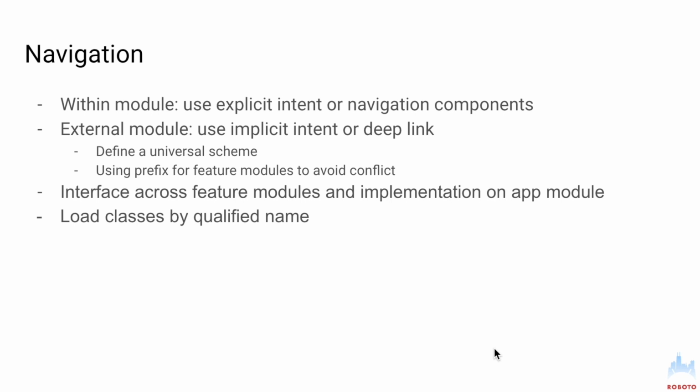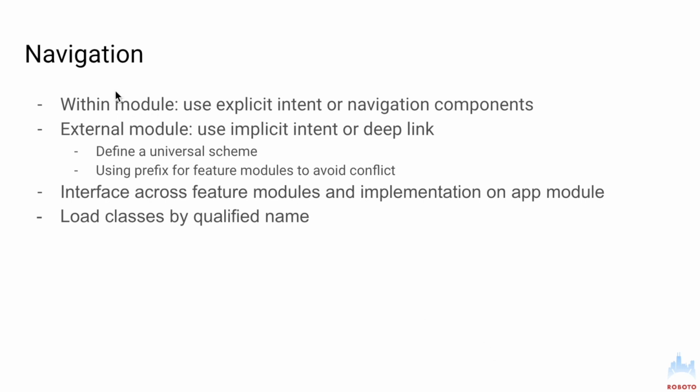Also, one raised issue here is navigation. Unlike monolithic applications, where we can just call start activities or replace fragment and open the screen accordingly, with a modularized app there are several ways to navigate to different screens inside the app.